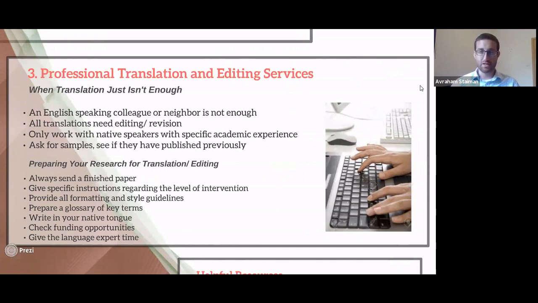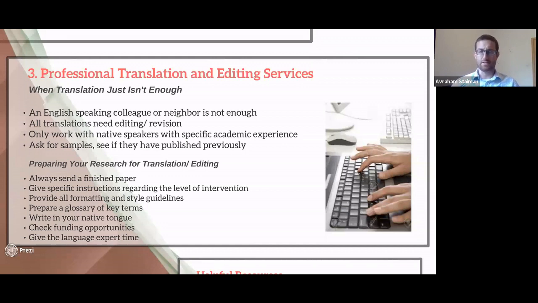And full disclosure, this is really based on our own experiences working with scholars on their research. I try to melt it down into the real critical points that I think are crucial for success. First of all, I wrote: when translation just isn't enough. The answer is translation never is really enough.